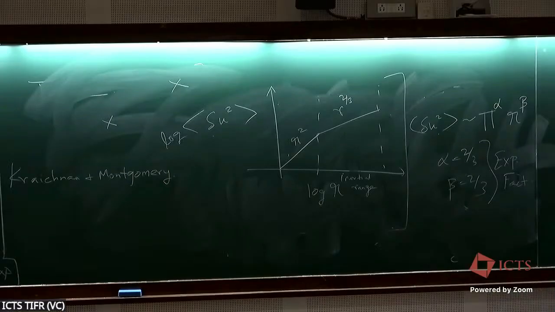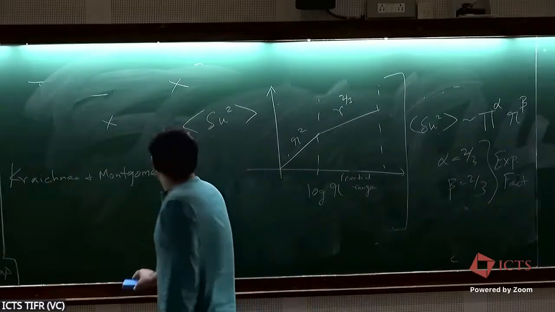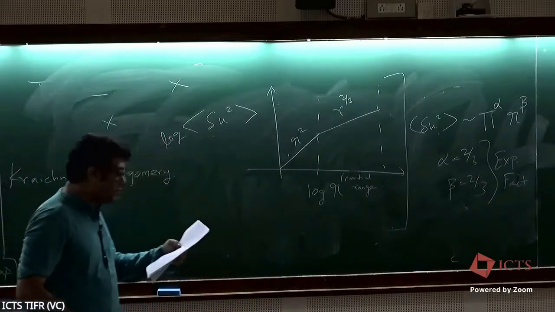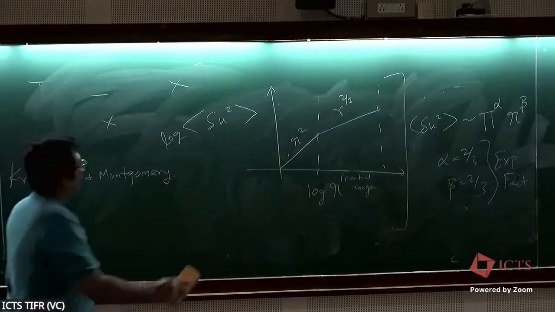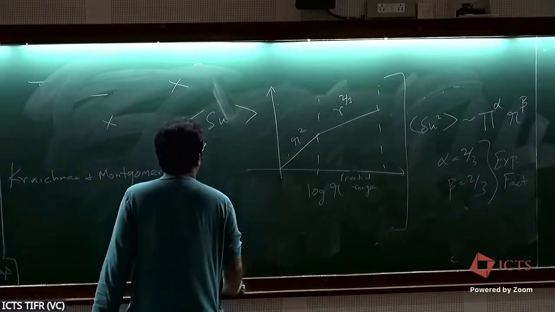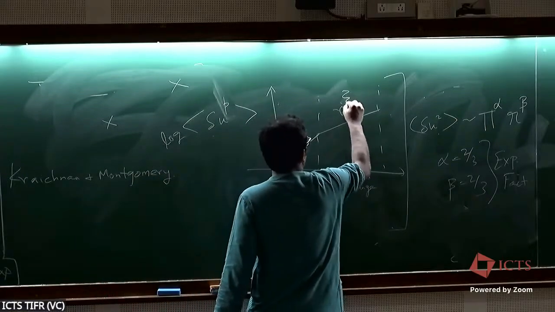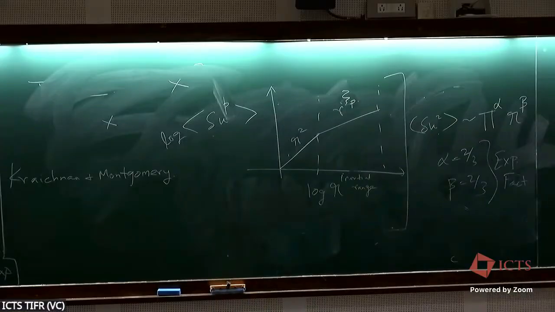Okay. So now you can ask the following question: what happens if I'm not just satisfied by taking the square of this, but I take any arbitrary power? And I have an exponent zeta p, which is now dependent on the power that I'm taking.